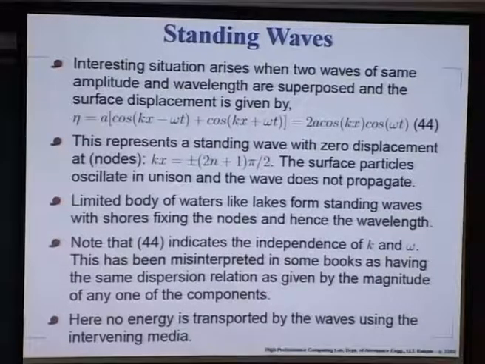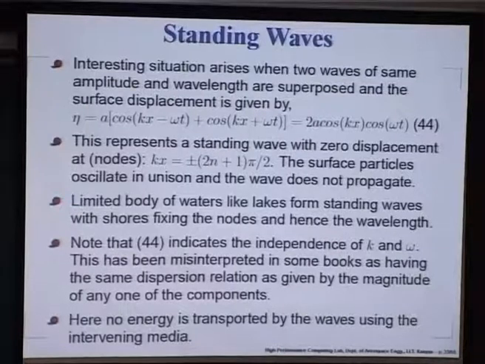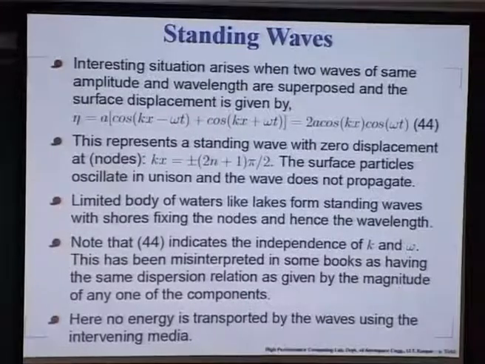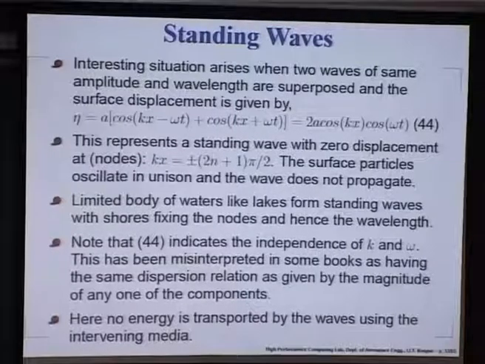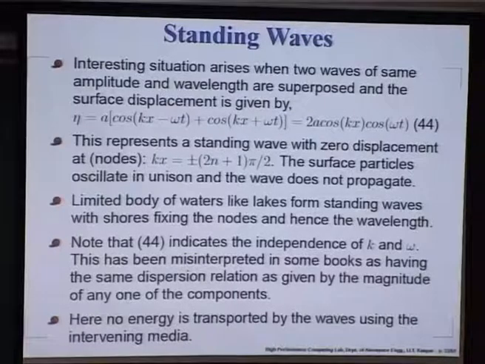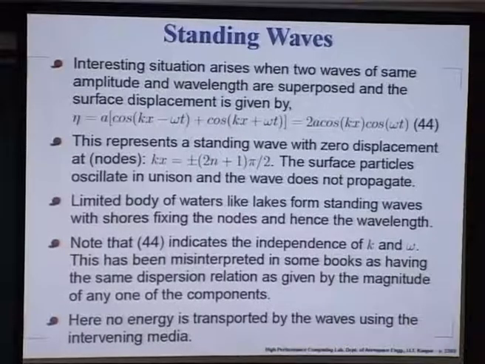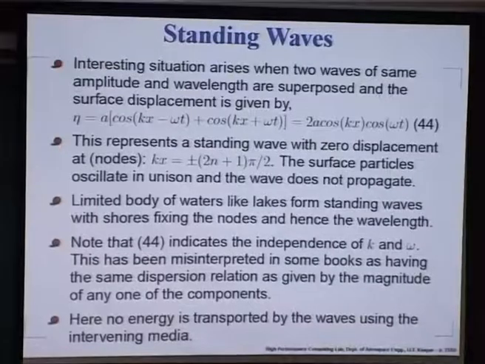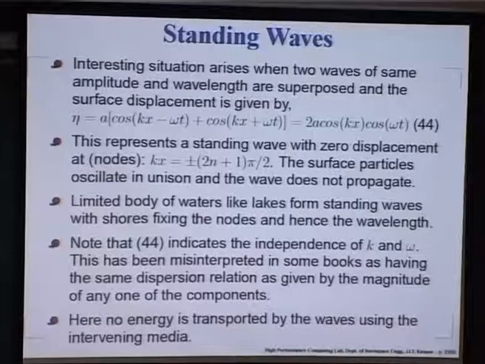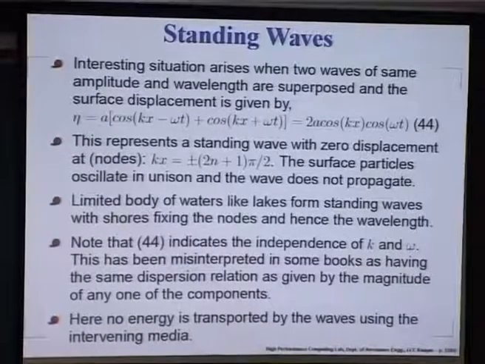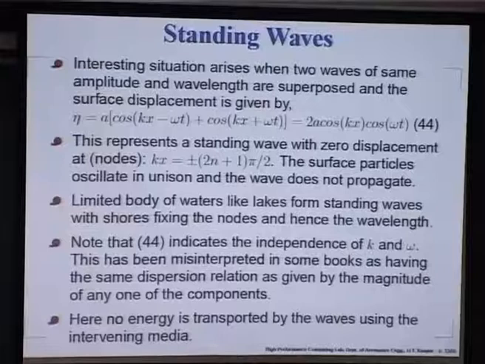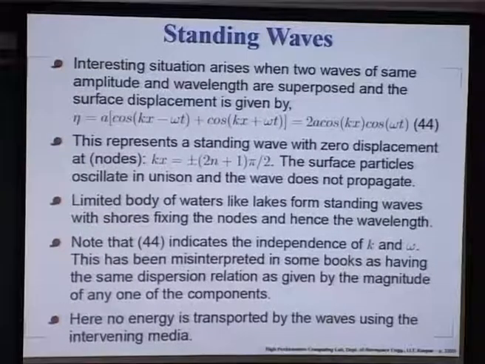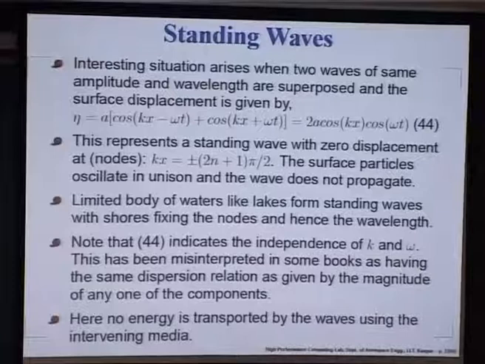If that is the case, then these locations are the nodes, with 0 displacement. And here I get a space dependence that is given by cos kx, but the time dependence is a simple harmonic, right. So, all the points would go up and down in the same phase. That is what we meant here by the surface particles oscillating in unison and the wave not propagating.